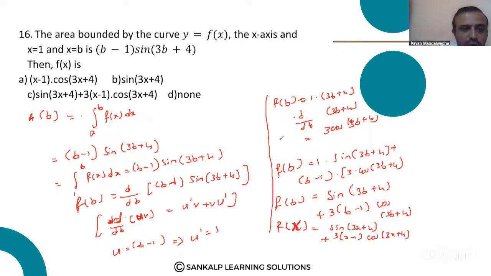So option C is the correct answer: sine of 3x plus 4 plus 3 into (x minus 1) into cos of 3x plus 4.